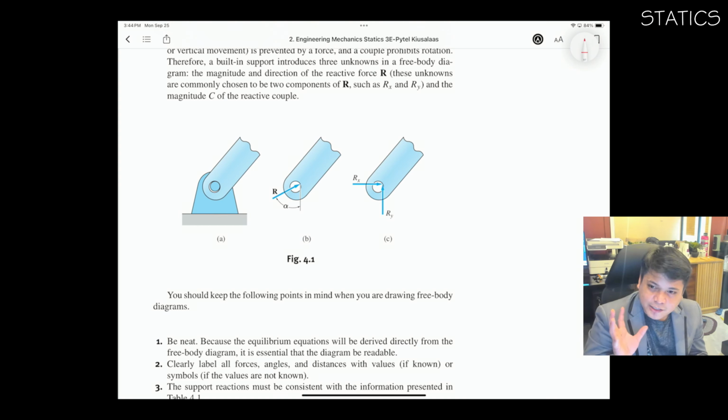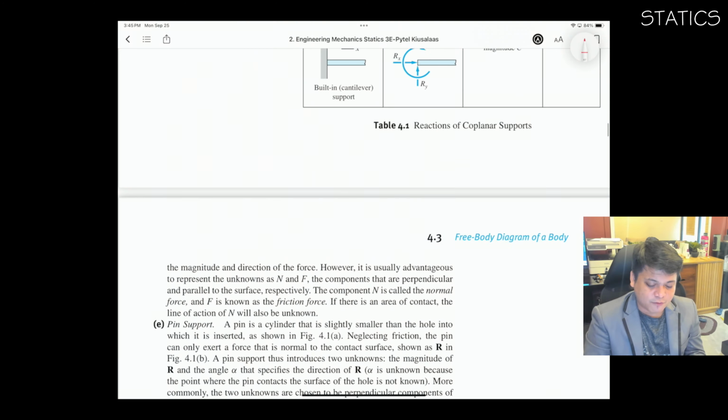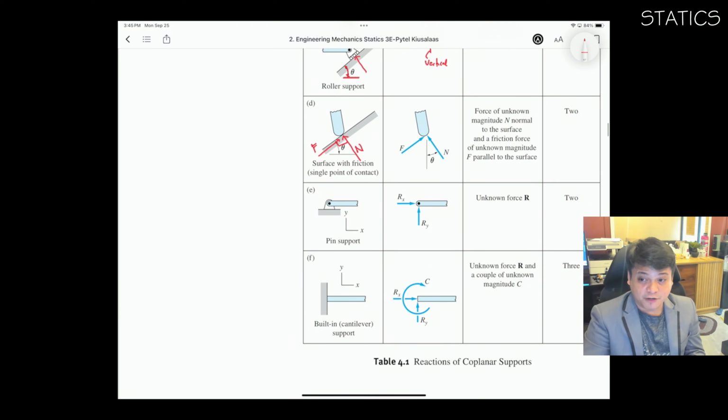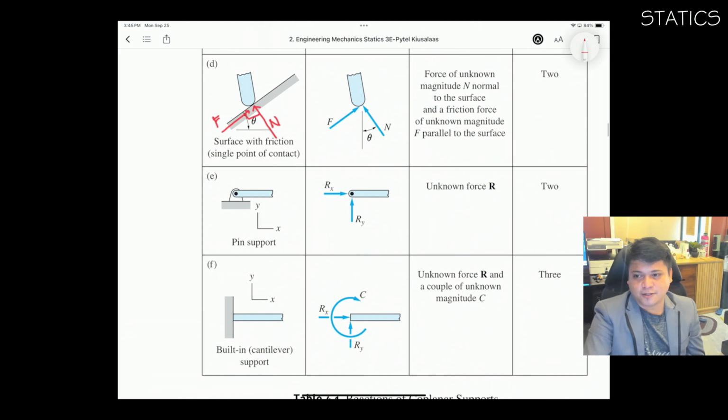Tatanggalin natin yung mga supports, tapos lalagyan natin siya ng mga forces and moments. Okay? Papalitan natin siya. So, kailangan matuto po muna tayong gumawa ng free body diagram bago tayo makapag-solve ng equilibrium reactions. Okay? So, that's it for the types of support, and we will discuss the free body diagram on our next lesson.